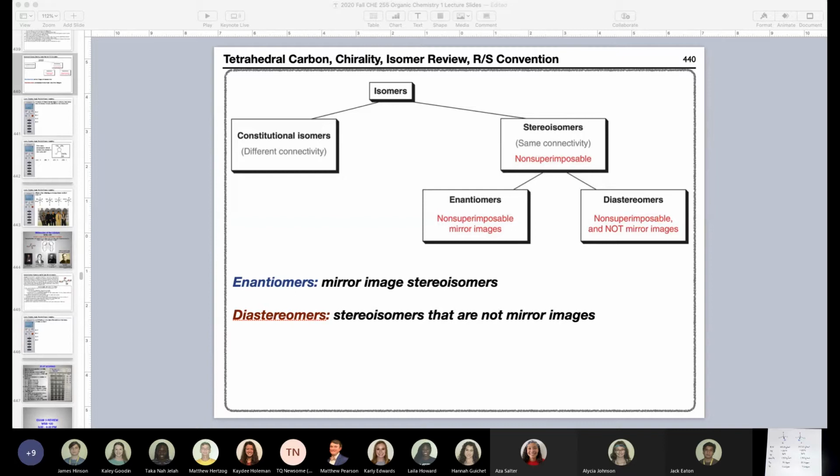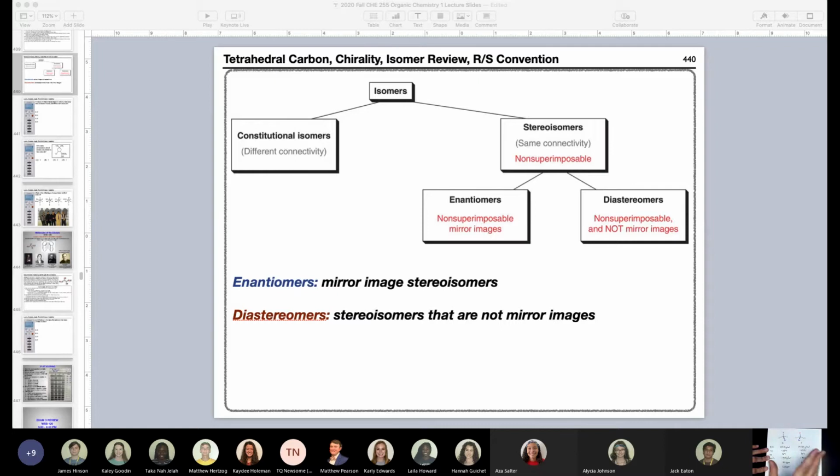So yes, the experimental method that we would use is an instrument called polarimetry, and optical activity. As you see in the chat, these molecules will rotate plane polarized light in equal but opposite directions.